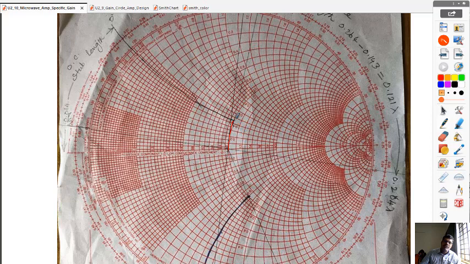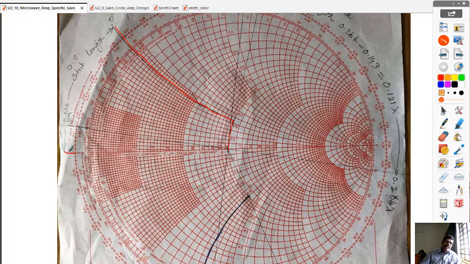Now you extend the line on the reactance circle. This is the reactance circle. Now you measure the open circuited stub length from the extreme left end point on the Smith chart.